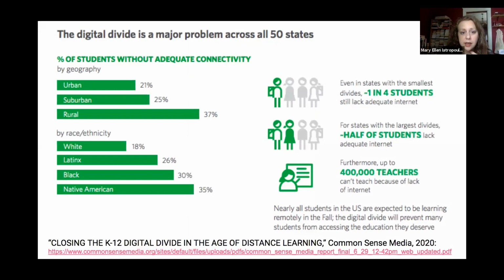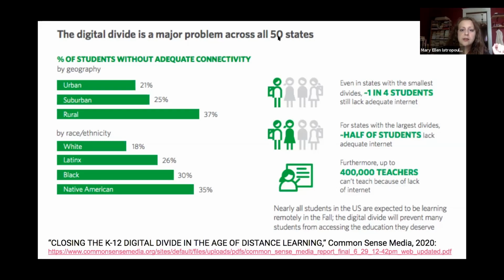This was conducted in March 2020, specifically around the digital divide, which is, you know, the social phenomenon of some students having adequate access to the internet and laptops and other students not having adequate access to those tools.